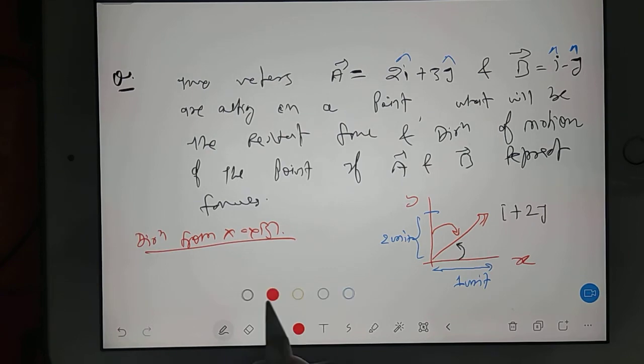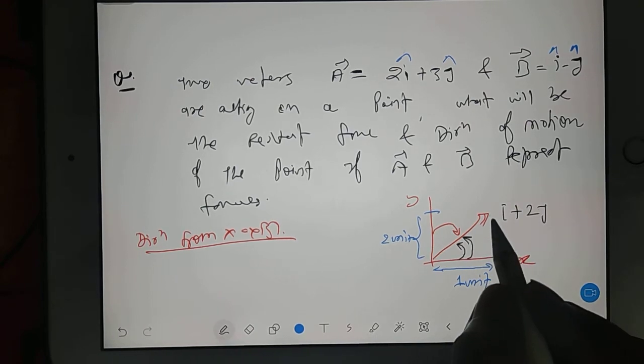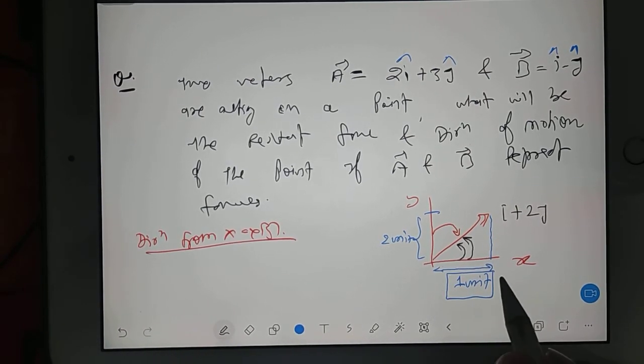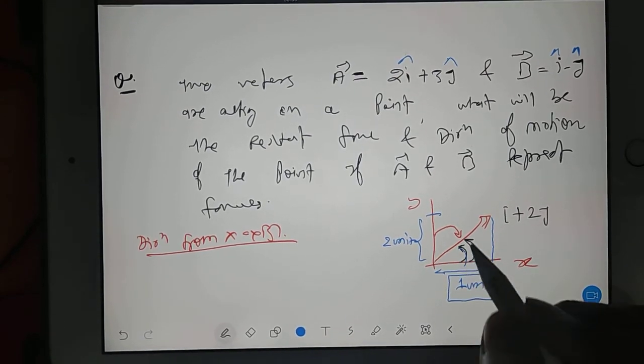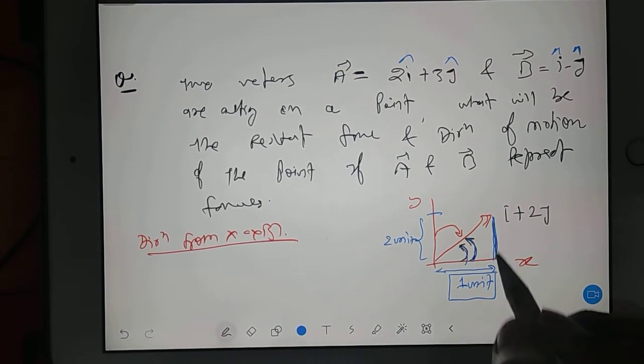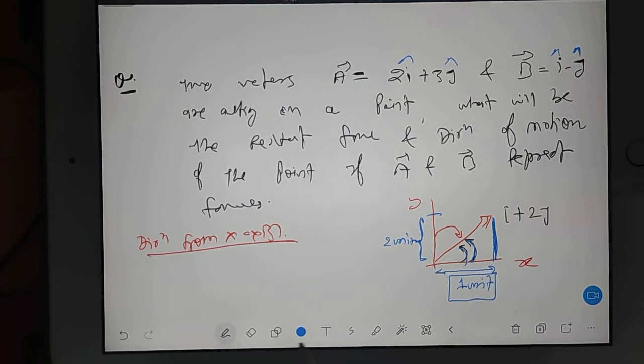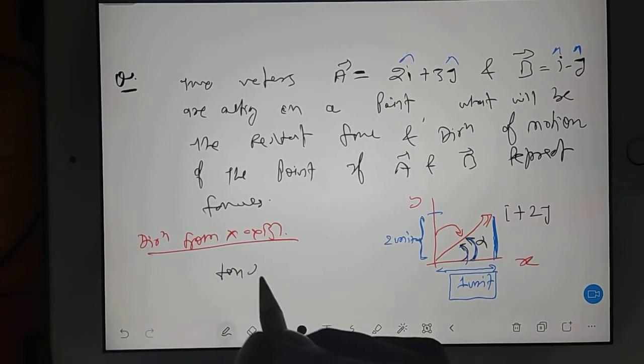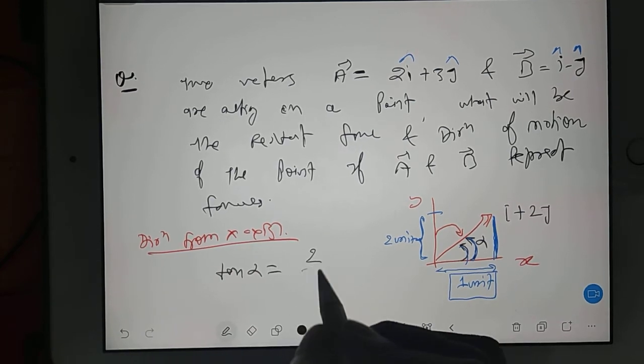You are looking for this angle. If you draw one line like this, this is already 1 unit, and this you are looking for, and this height is nothing but this 2 unit height. So you simply apply tan, consider this as alpha angle. Tan alpha is equal to 2 by 1.